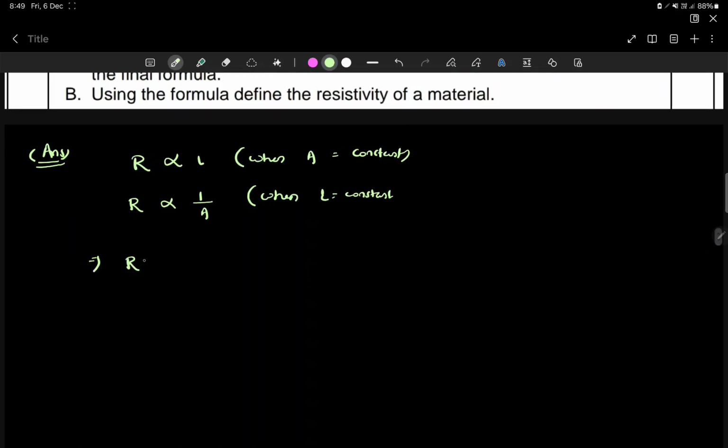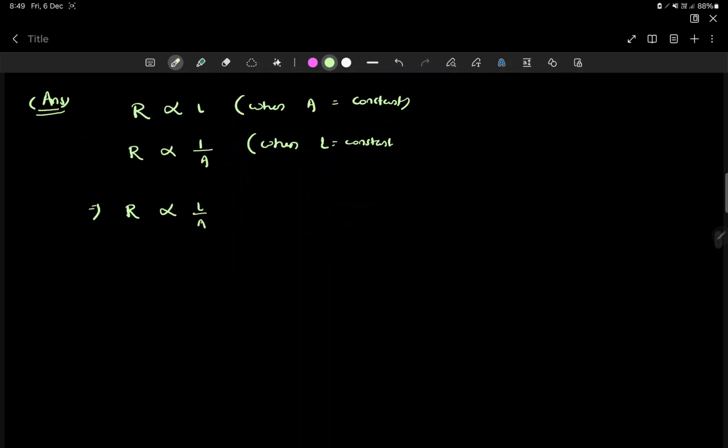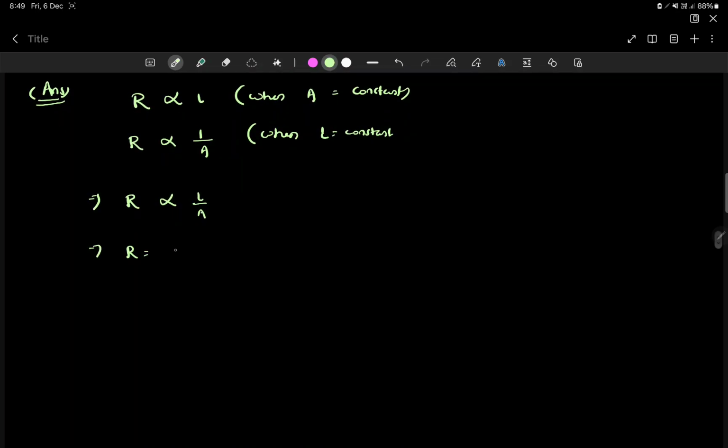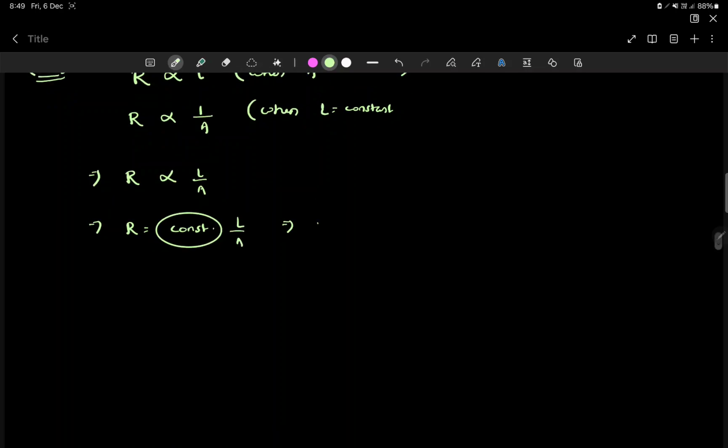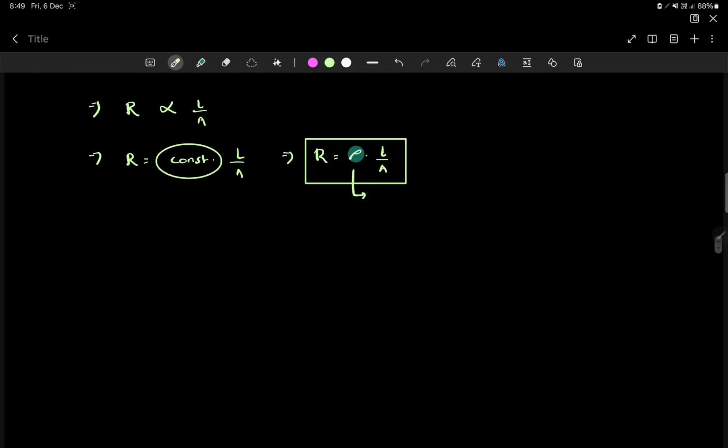Combining, we can write R proportional to L by A, which implies R equals constant into L by A, and this constant is termed rho. So R equals rho L by A. Rho is the proportionality constant called resistivity of the material.